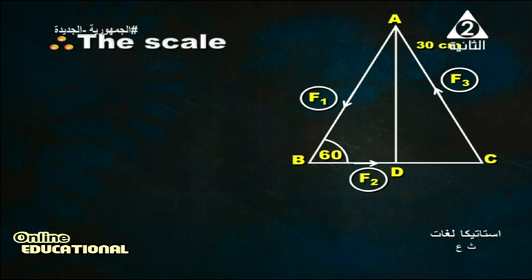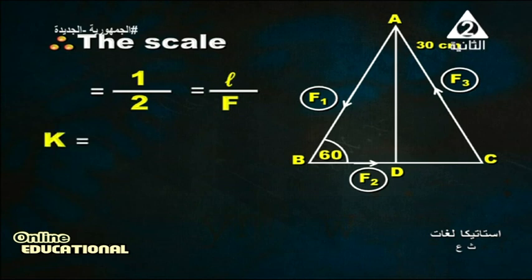Therefore, the scale is 1/2. Each one centimeter represents 2 gram. The length L of the force F. Therefore, K constant equals 2 over 1 equals 2.